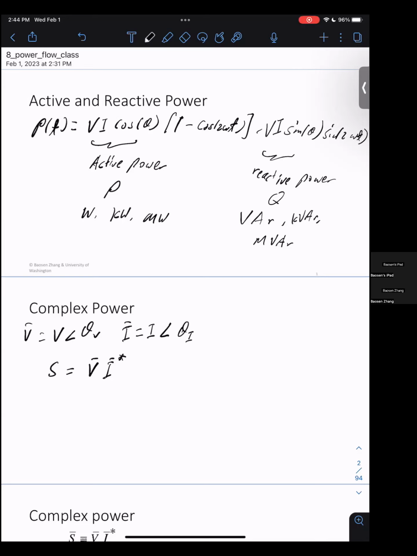So here you get V times I, with the angle theta V minus theta I. In Euler's formula, this is VI cosine theta plus j VI sine theta.